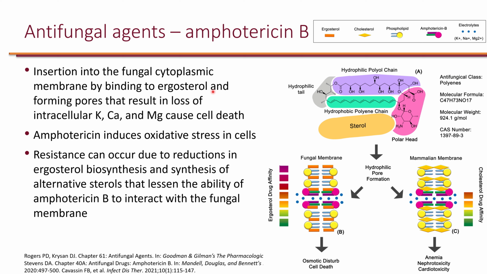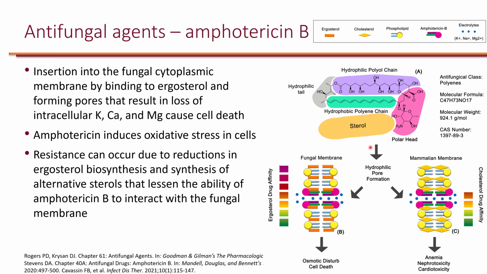Now, lastly, we have amphotericin B. Amphotericin B works by insertion into the fungal cytoplasmic membrane by binding to ergosterol and forming pores that result in the loss of intracellular potassium, calcium, and magnesium, which can cause cell death. In addition, amphotericin can also induce oxidative stress.